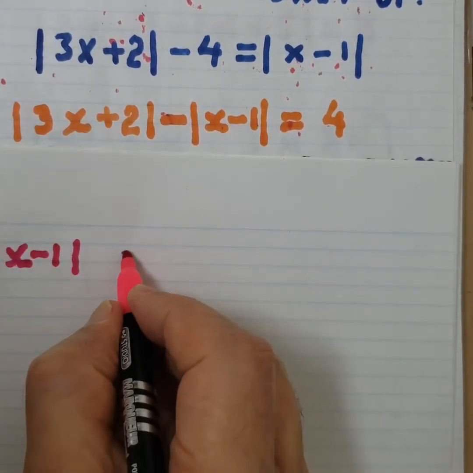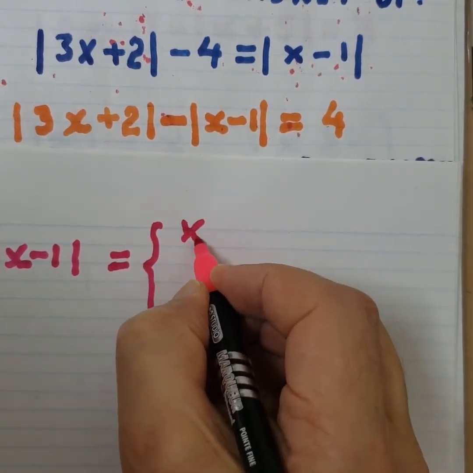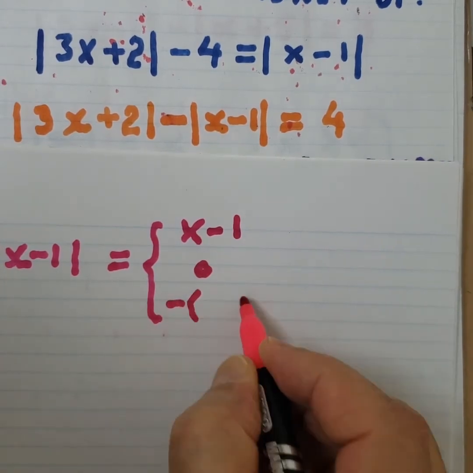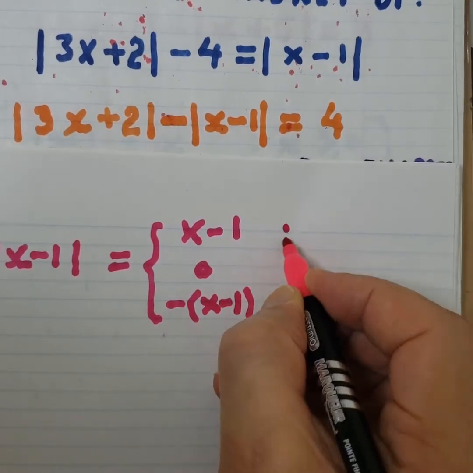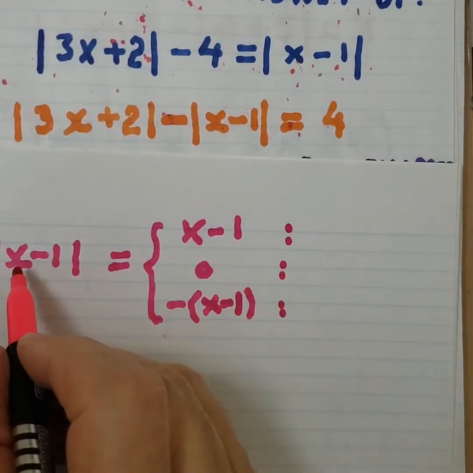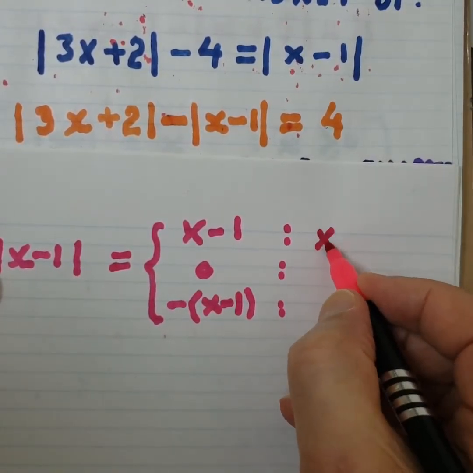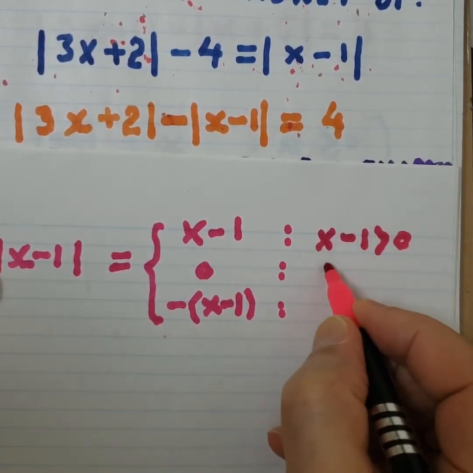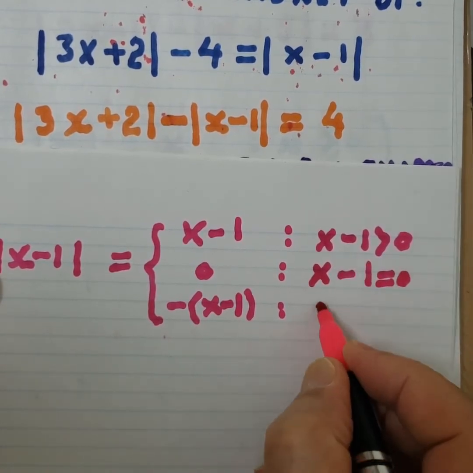We say it will be written in 3 shapes: x minus 1, or 0, or minus inside the brackets x minus 1. And in each case I have to write the condition. The condition for x minus 1 should be written as greater than 0, or equal to 0, or less than 0.